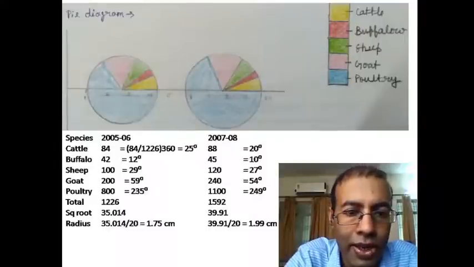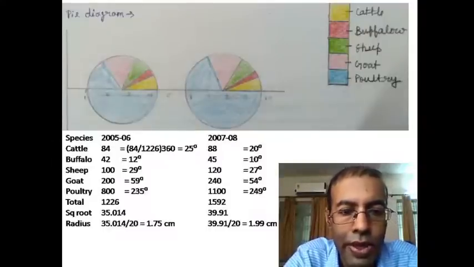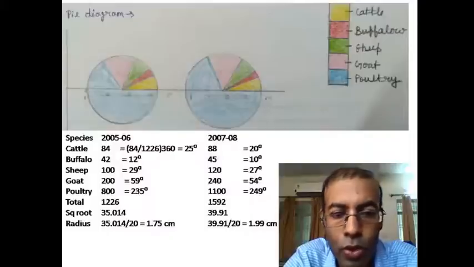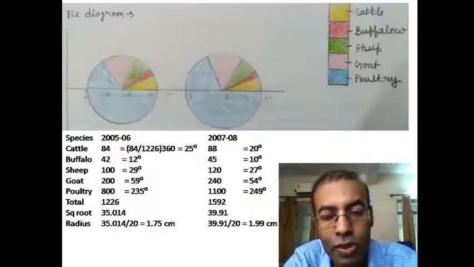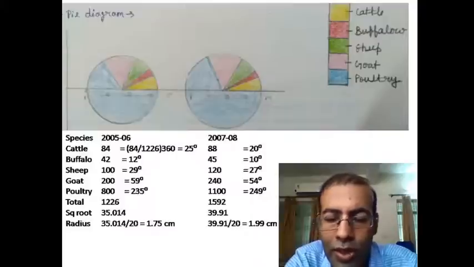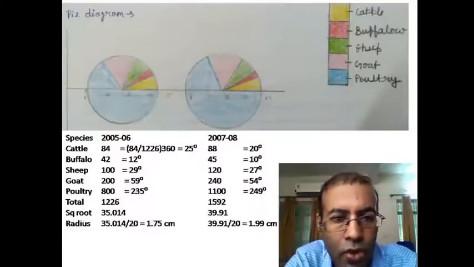So for every species we have certain degrees. For buffalo we have 12 degrees, sheep 29 degrees, goat 59 degrees, and for poultry 235 degrees. The summation of all these will be 360 degrees. Similarly, for 2007-8, we have different degrees for different species.